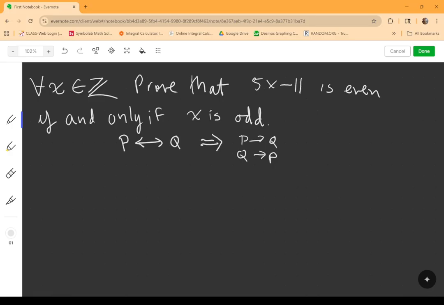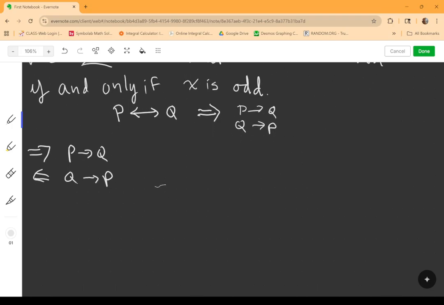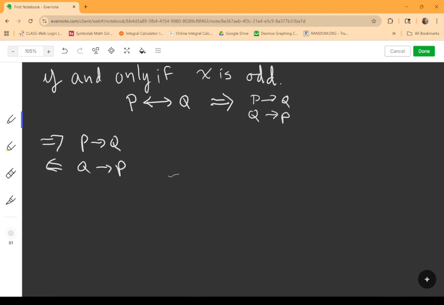So when we do have a biconditional, we need to prove two directions. Our biconditional proof is going to involve the first direction, P implies Q, and then the other direction, Q implies P. Now we're going to do both of those directions using the contrapositive.